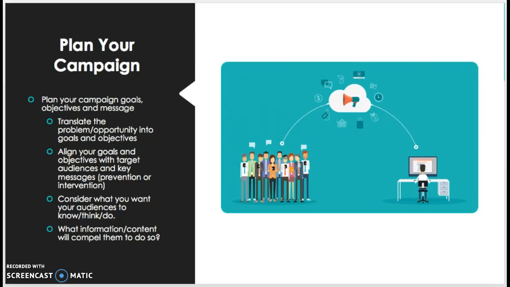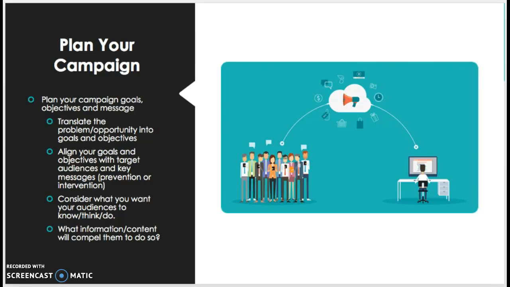As you're thinking about the message you want to send, identify whether this is a preventative measure or whether you're intervening with a problem that already exists. Think about what your audience already knows, what their feelings are, and what information is relevant to them.